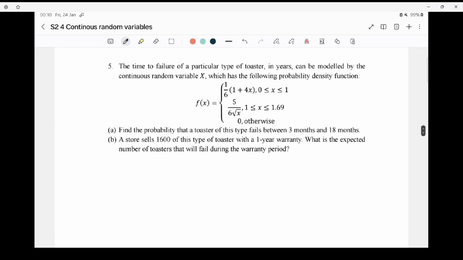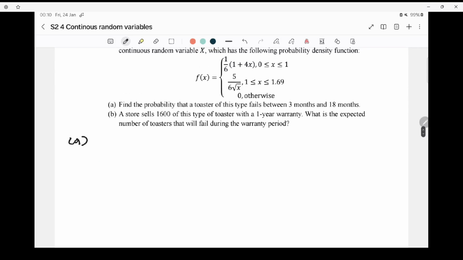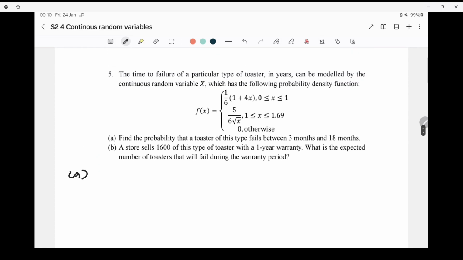Question 5. Time to failure of a particular toaster in years can be modeled by this. Find the probability that this type will fail between 3 to 18 months. First you need to look at the time. Time is calculated in years and they give you months. So 3 months will be 3/12 year, and 18 will be 18 divided by 12 year.